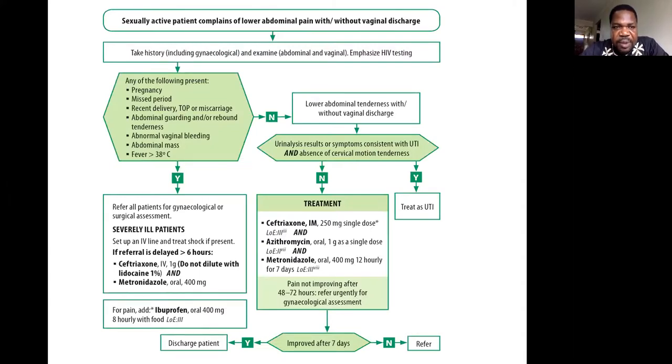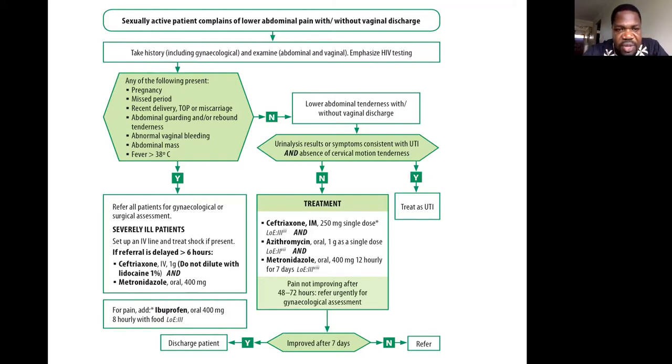So the approach here is that you need to establish, you take a good history, gynecological history, a good abdominal and vaginal exam, and emphasize HIV testing. Try to make sure that this woman is not pregnant, there is no missed period, there is no recent history of delivery, because you need to exclude the possibility of puerperal sepsis, termination of pregnancy or miscarriage.